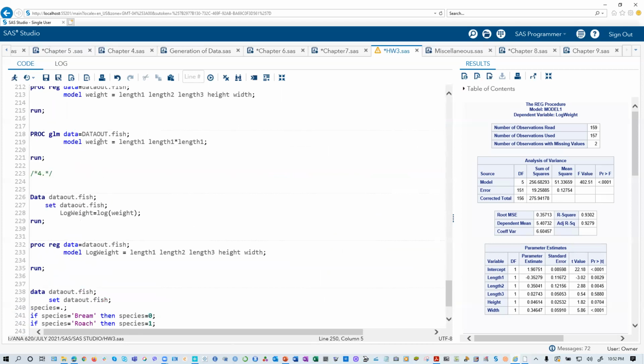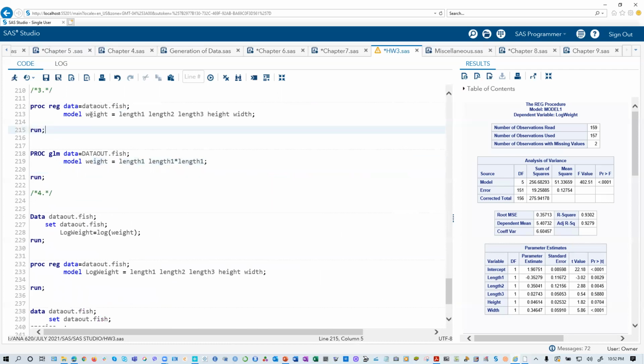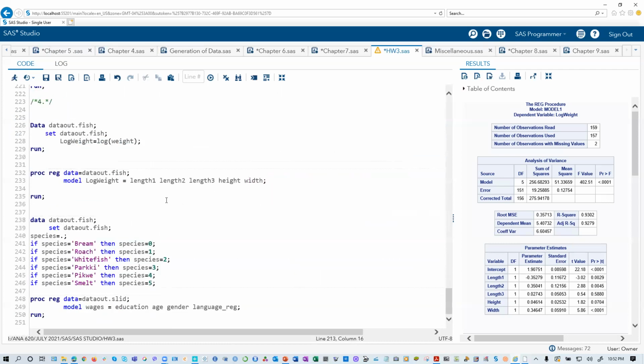Sorry, weight, length. I'm sorry, this one. Weight, length from this one. All of these plus.